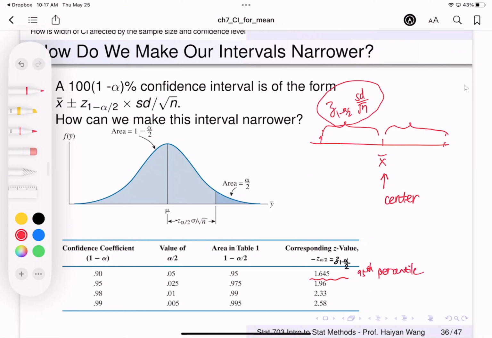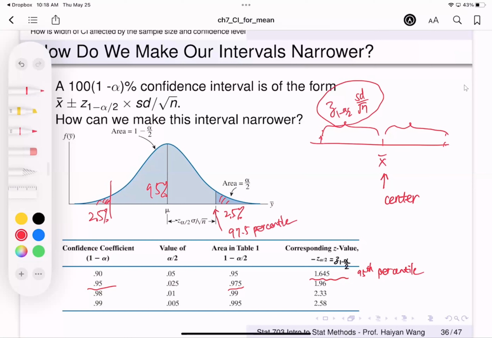And if we consider 0.95 as the 95% confidence interval, we need the 97.5 percentile because we want both sides. If in the middle we want 95%, then the right-hand side needs to be 2.5%, and the lower is also 2.5%, totaling 100%. With 2.5% on the right-hand side, this upper one is the 97.5 percentile, and the 97.5 percentile is 1.96.